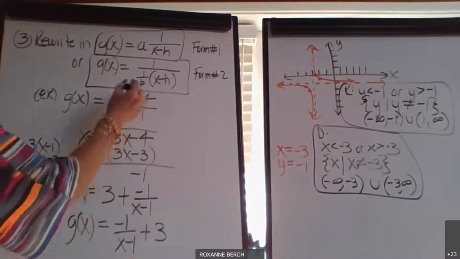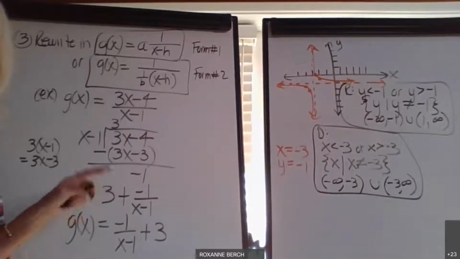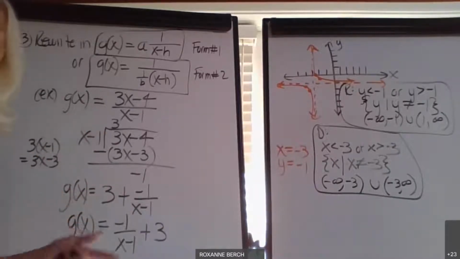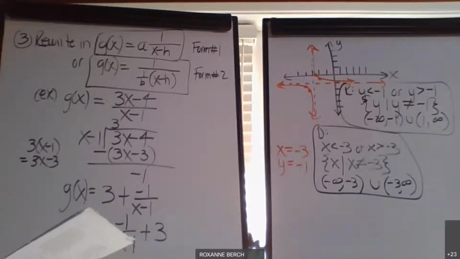So when you have this type of problem with an x on the top, you're going to do the division and write the quotient plus the remainder over the divisor, and actually get the form. And isn't this form number 1?